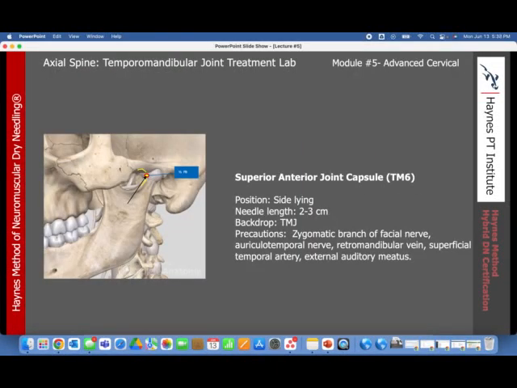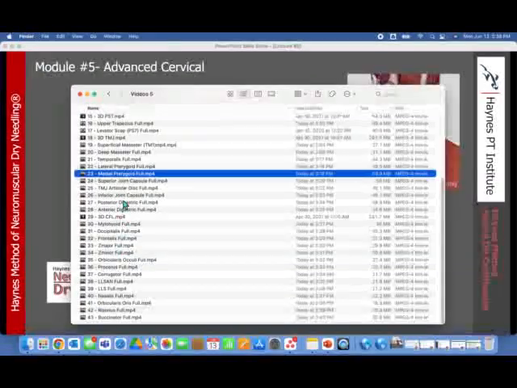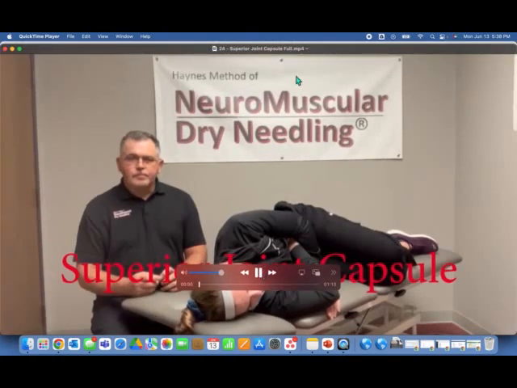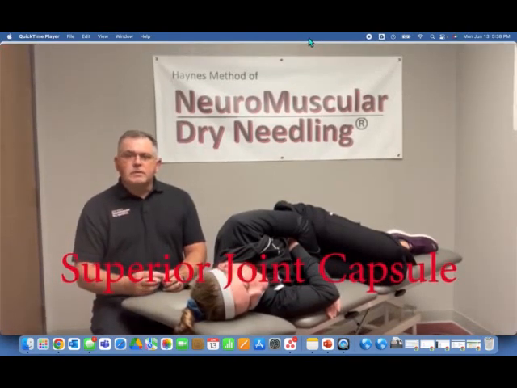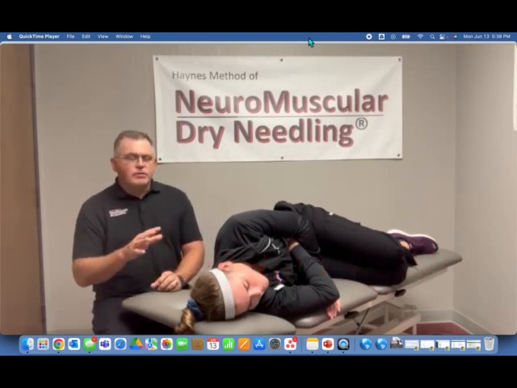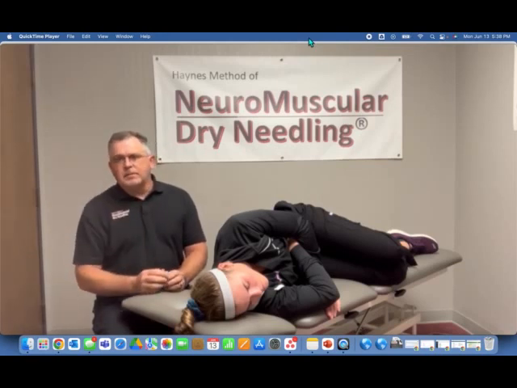Okay, then we'll look at the non-muscular pieces, the superior anterior joint capsule. For the superior anterior joint capsule, again, the side-lying position with a 2 to 3 centimeter needle length with a backdrop onto the temporomandibular joint.